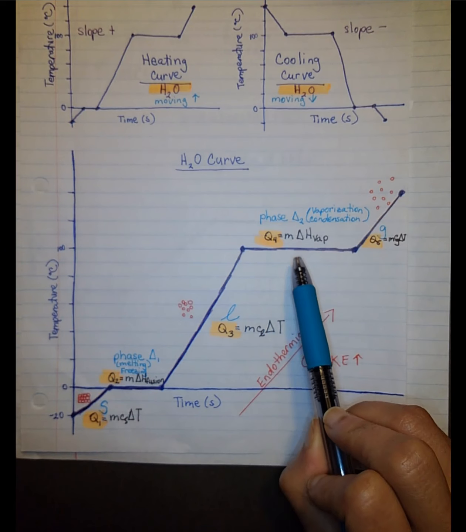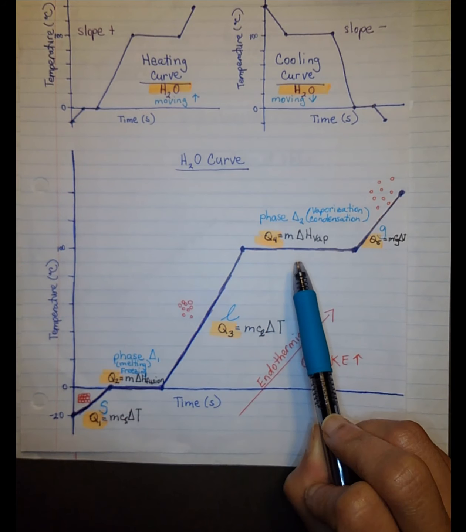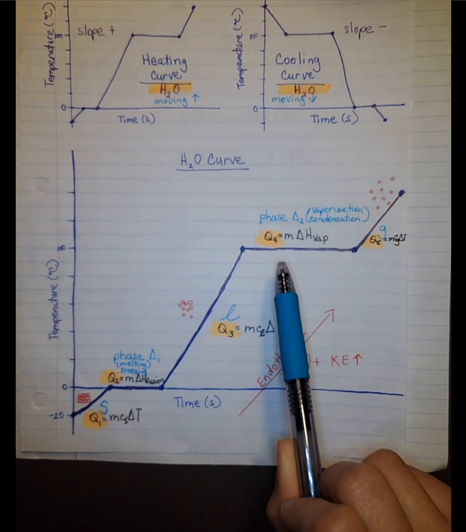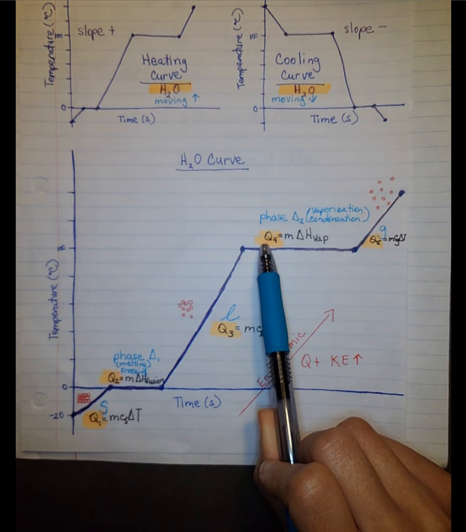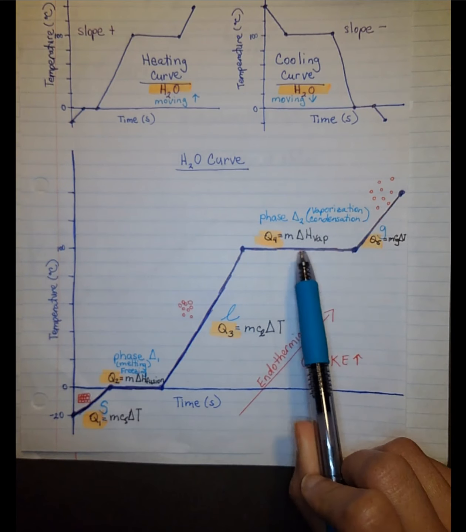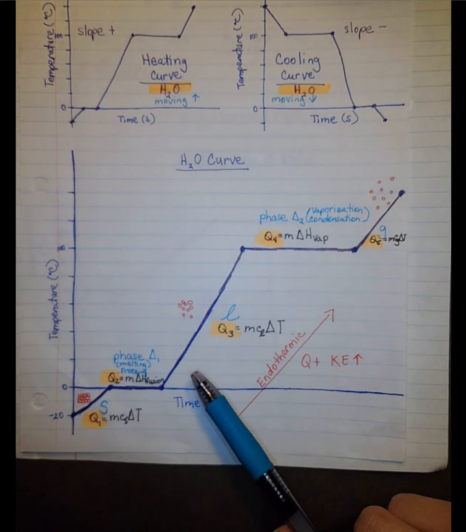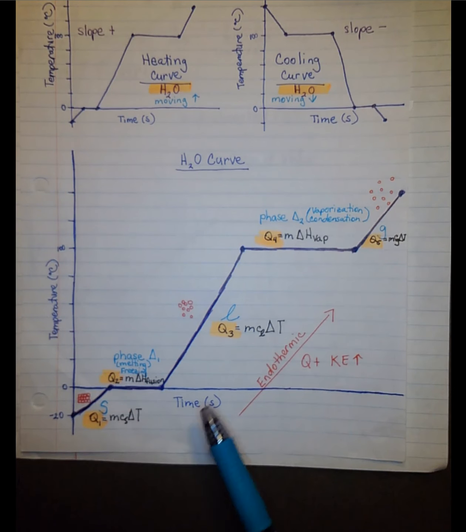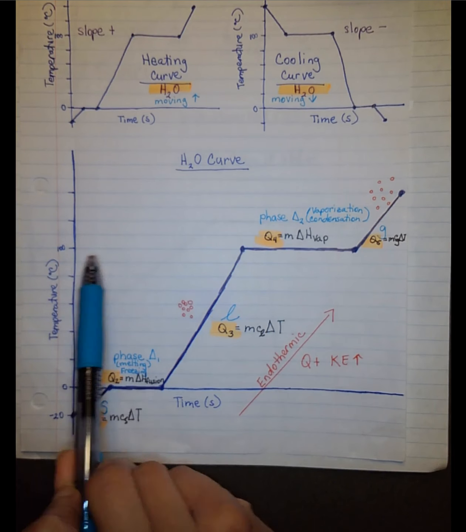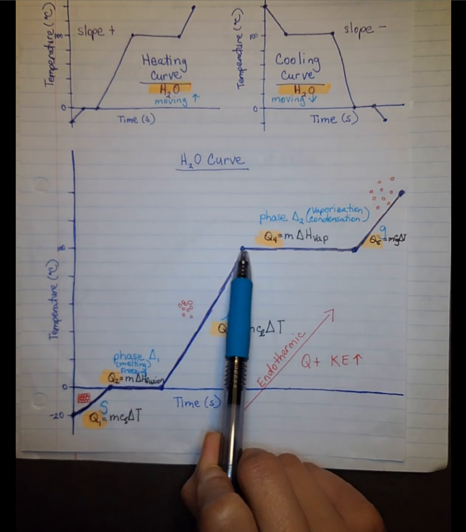Now, looking at the second plateau or the second horizontal line, same thing is happening. This is called phase change 2, and when you are talking about the heating curve, we say that the substance is going through vaporization. If we're talking about the cooling curve, then we say that the substance is going through condensation. Once again, notice how the temperature does not change here.